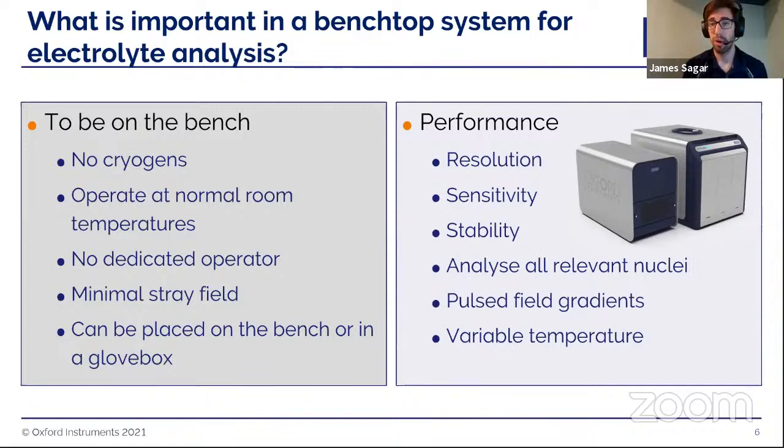It needs minimal stray field, and it needs to be of a size and weight that means it can be placed on a bench or in a glove box. In terms of performance, it needs to have the resolution, sensitivity, and stability to deliver the results you need. You also need to be able to analyze all the relevant nuclei for your electrolyte, as well as applying pulse field gradients, which I'm going to talk about later, and potentially measuring over a range of temperatures.